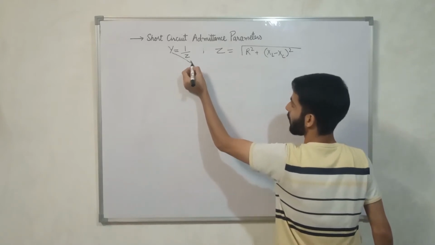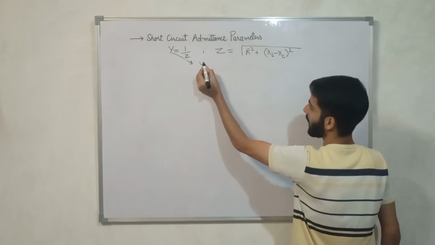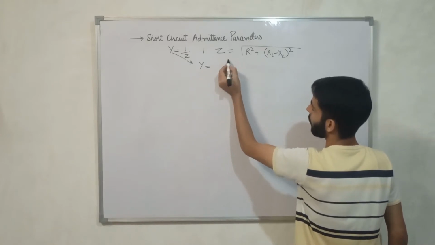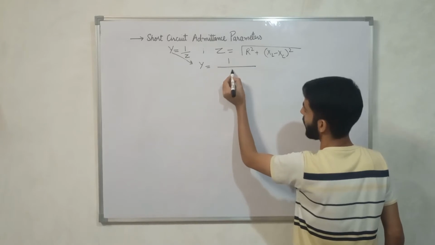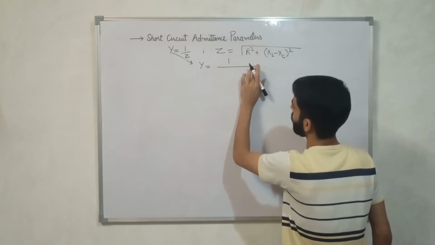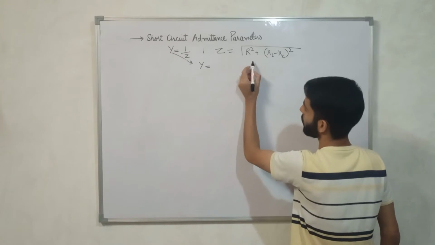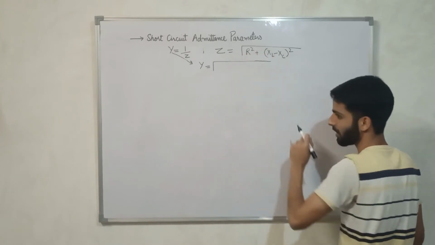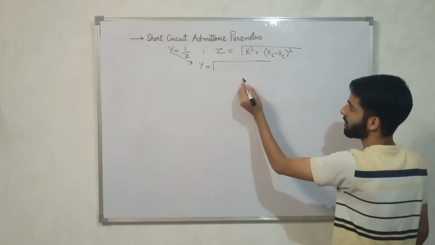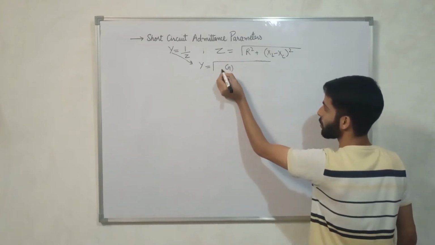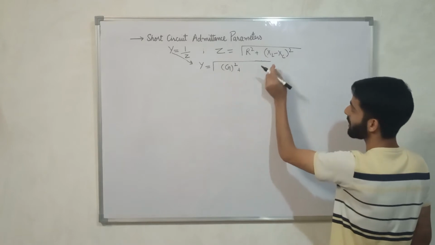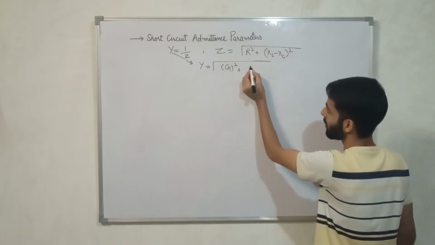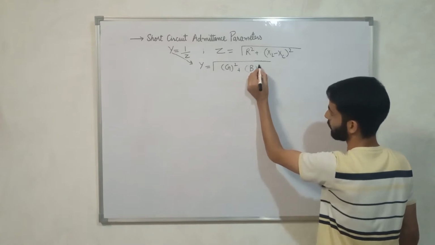Y will be 1 upon Z. So it will constitute, what is the reciprocal of resistance? The reciprocal of resistance is conductance G square, plus, what is the reciprocal of reactance? The reciprocal of reactance is susceptance B square.